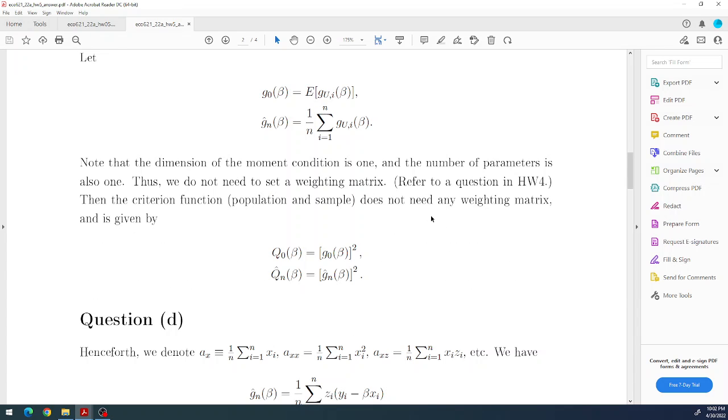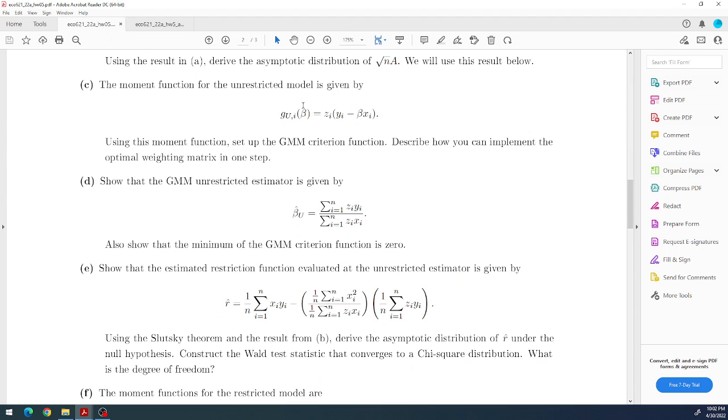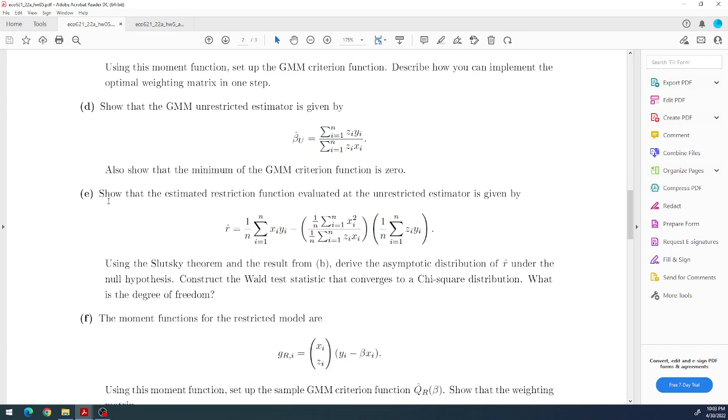So you may calculate the weighting matrix, but that is not wrong, but not the best way, not the efficient way to solve this problem, right? And it's super easy. The GMM unrestricted estimator is obtained this way. So far, it is the simplest possible instrumental variable regression model, right? Just one endogenous variable and one instrumental variable. So most of you have done really well up to this point. Now the problem starts here.